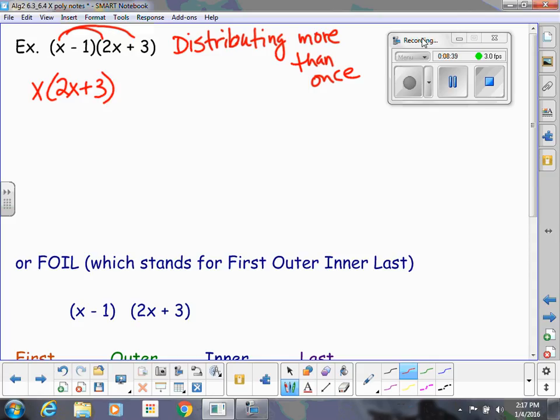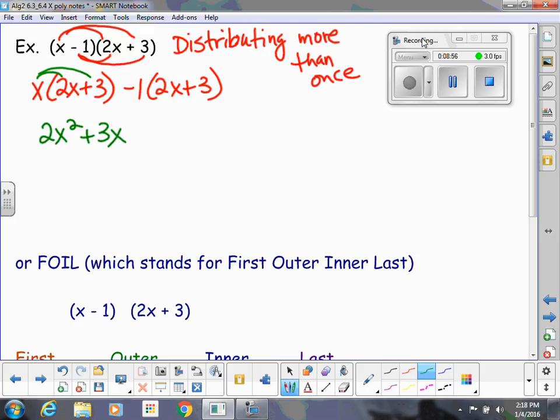And then I'm going to be doing the -1 times both of those. So if I do that, distributing, that means I'm doing x times 2x, so that's 2x squared, and then x times 3 is 3x. Then I'm distributing the -1, so that's a -2x, and then a -3.